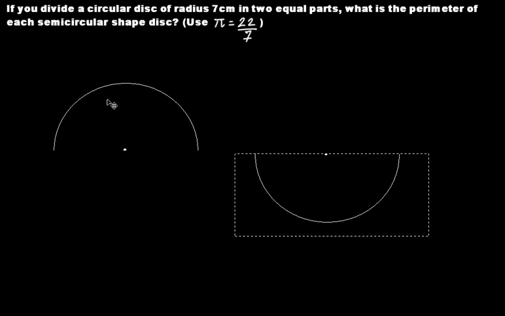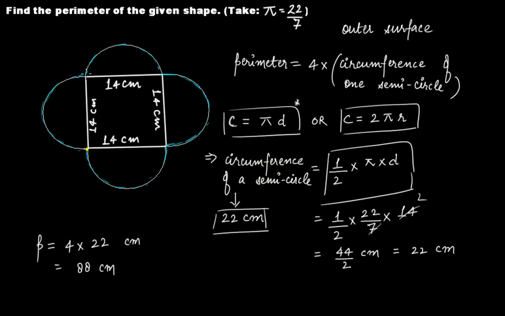We have divided this circular disc into two equal parts. Now we have this one semicircular disc here and one semicircular disc here. Now it's asking what is the perimeter of each semicircular shaped disc. Now if you remember, in the previous case only this was the outer surface but not this one.